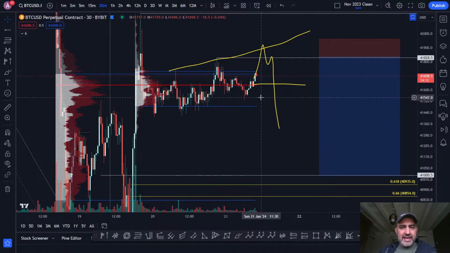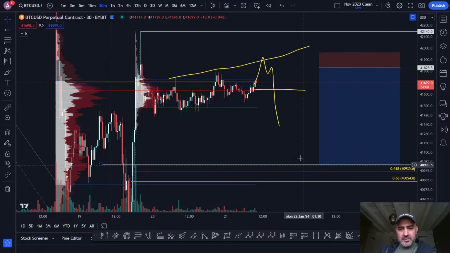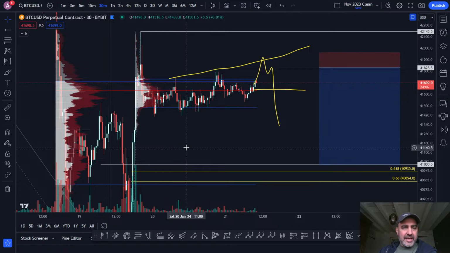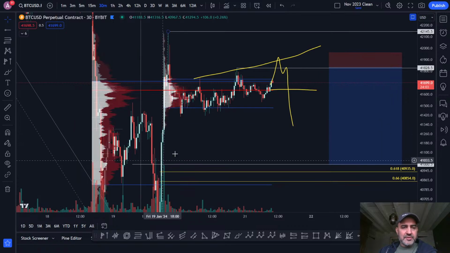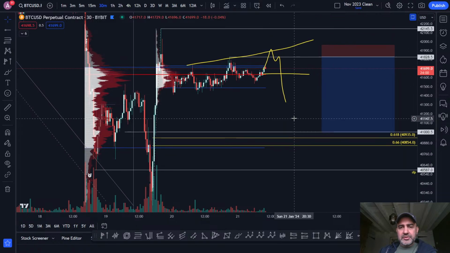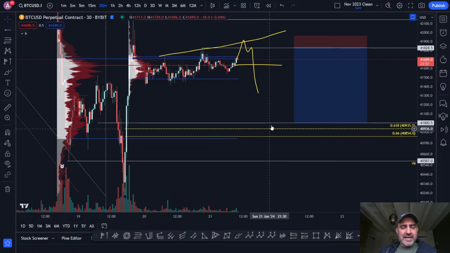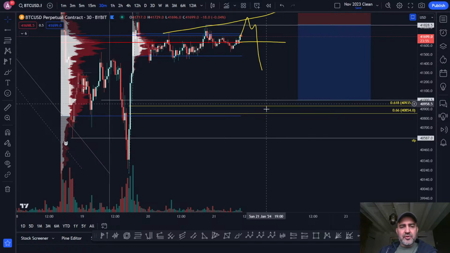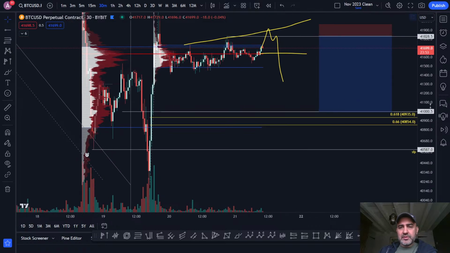And then maybe you'd get a little pullback, and then it will be a breakdown to the next kind of area. And what you have, these green candles here, so there's not much support in the way of market structure, so you'd expect the price to slip down. This would be a take profit zone, it wouldn't be a long zone.